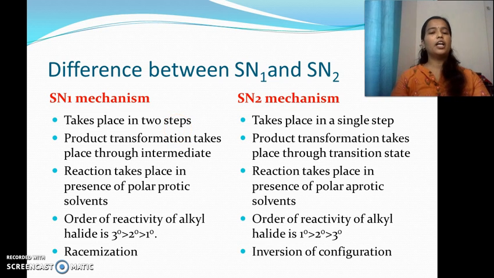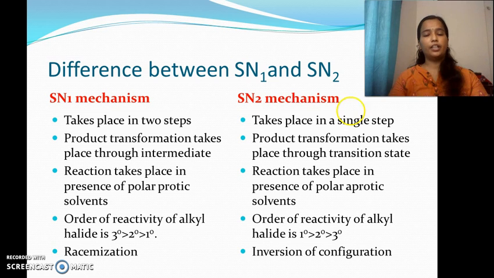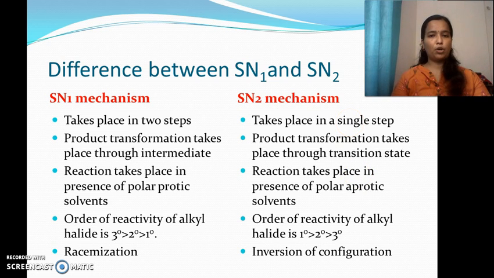Second step is the attack of the nucleophile on the carbocation. It proceeds through an intermediate. In SN2 mechanism, it takes place in a single step. The nucleophile attacks the alkyl halide, and it proceeds through a transition state, and the transition state is unstable and soon changes into the product. So it is a single step process.